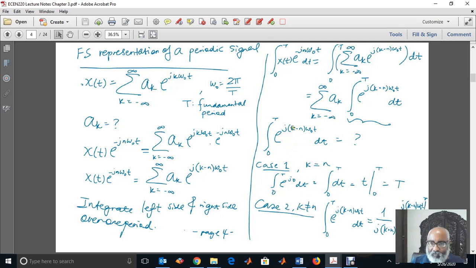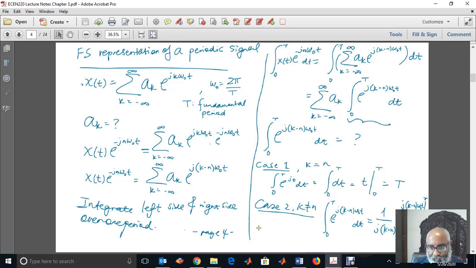So the integration becomes the integration from 0 to T of dt, which is equal to capital T. So the right side integration will become capital T, and in this summation, of course, when k is equal to n, this will be an.